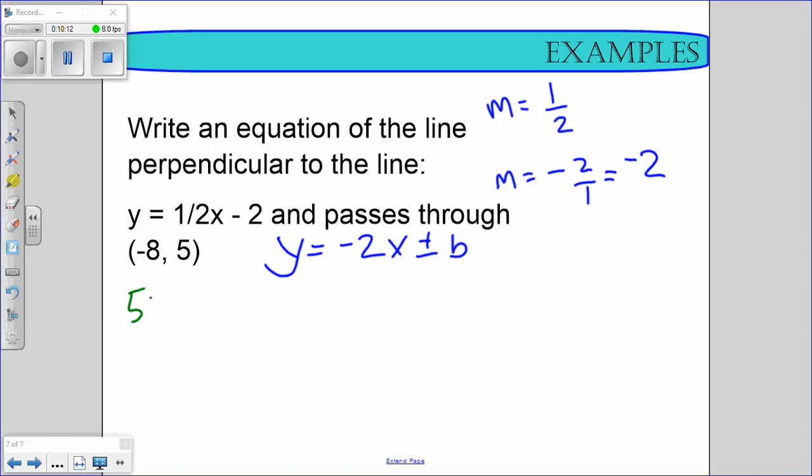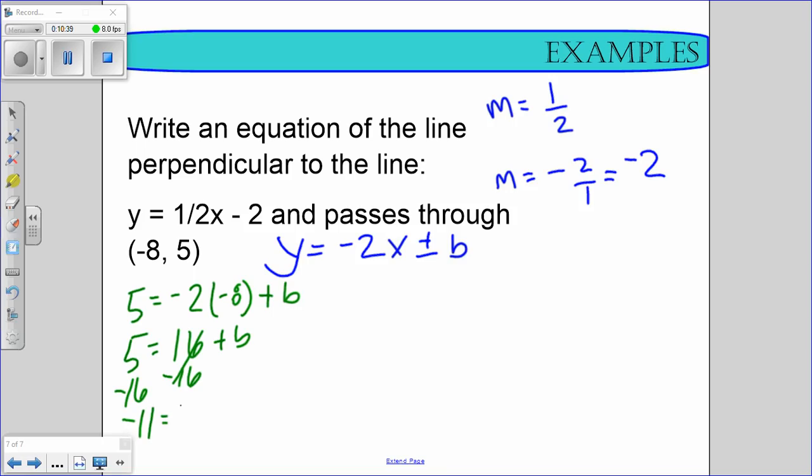So 5 equals -2 times -8 plus b. 5 equals -2 times -8 gives me a positive 16, plus b. Subtract 16 from both sides, and I get -11 equals b.